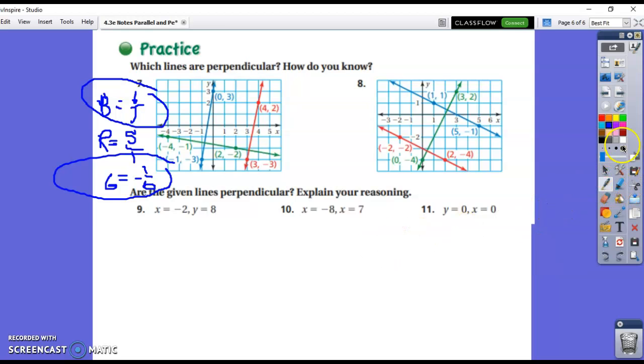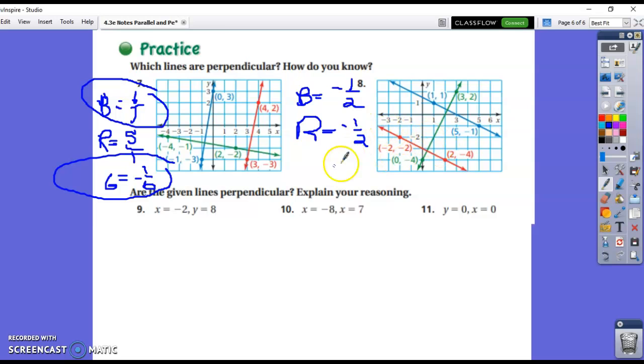All right, welcome back. Let's check it out. The blue is going to be down 2/4, -2/4, or -1/2. The red is down 2/4, -1/2. That's interesting.